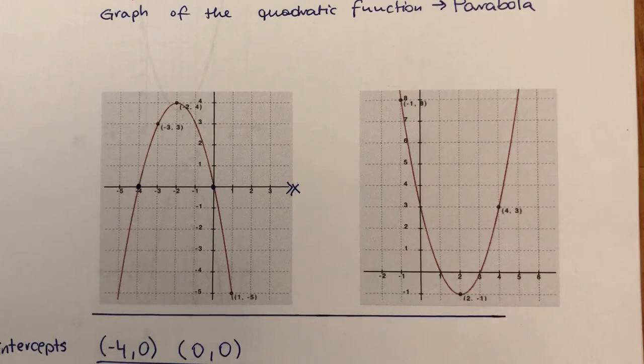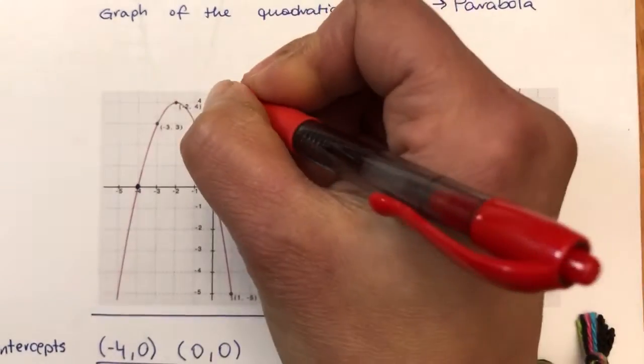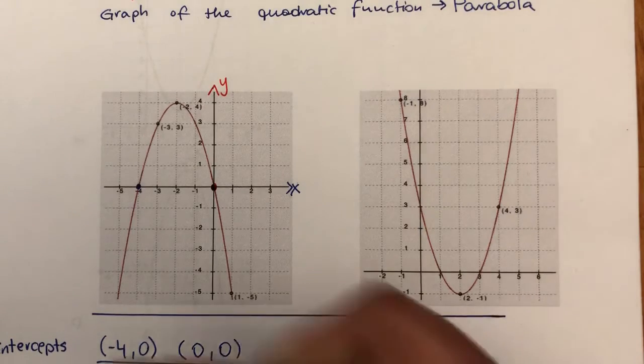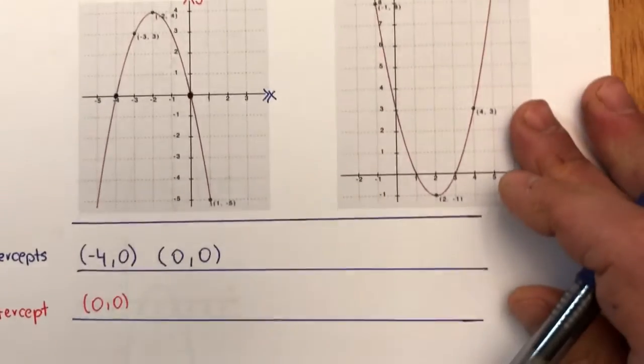We'll do the second example in a second. Now the next characteristic is the y-intercept. That is where our parabola is going to go through the y-axis, and that is 0, 0. I know, I'll move my paper up.